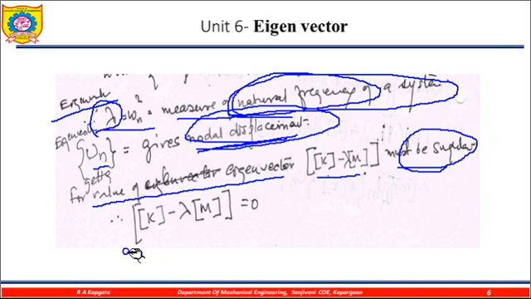That means k minus lambda m is equal to 0. K minus lambda into m matrix is equal to 0. So that you can solve any type of problem on vibration analysis by using the eigenvalue and the eigenvector method.